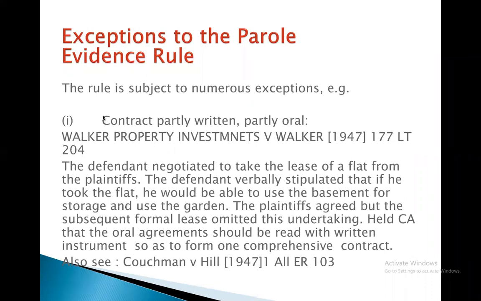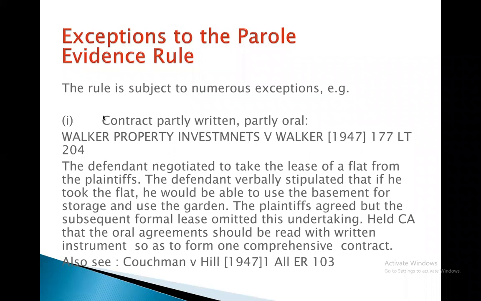First of all, there may be an exception to the parol evidence rule where the contract you are dealing with is partly written and partly oral. In other words, it's not the entire contract which is in writing. You have aspects of it in writing, and then you have the other aspect not in writing.